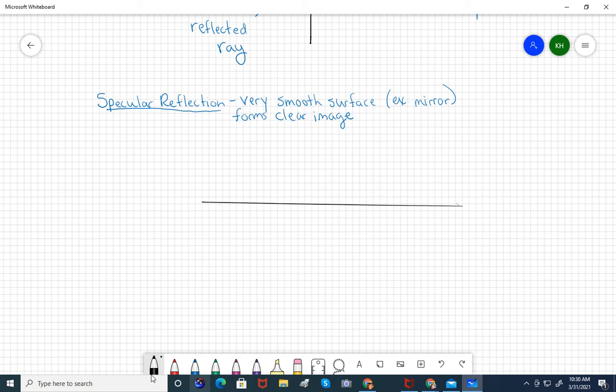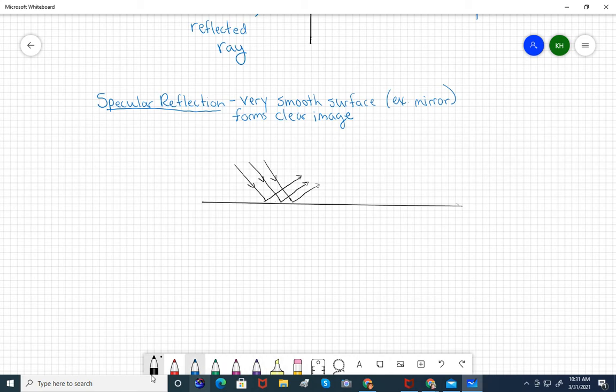Not too bad. So light comes in, and let's draw some parallel rays. And we have these parallel rays. If the surface is very smooth, those rays are going to reflect in a very predictable manner. And I really didn't draw my angles right there, but you get the idea.